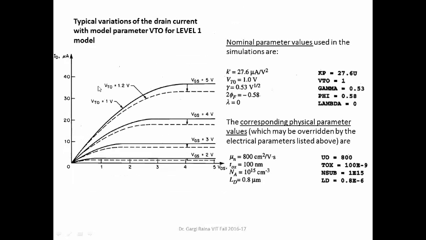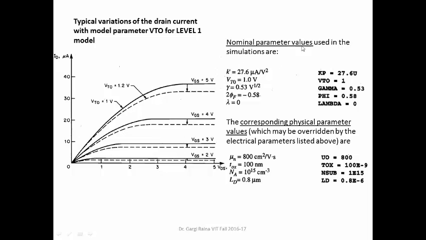So next we look at the typical variations of the drain current with model parameter VTO for the level 1 model. Here is a plot of ID versus VDS for different VGS voltages, where the parameter that we are changing is the threshold voltage, from 1.2 volts to 1 volt.